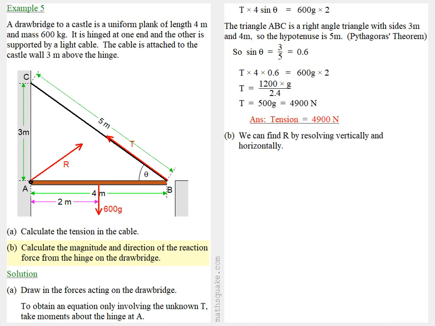Now, we can find R by resolving vertically and horizontally. However, if there are exactly three forces acting on a body in equilibrium, then they're concurrent.